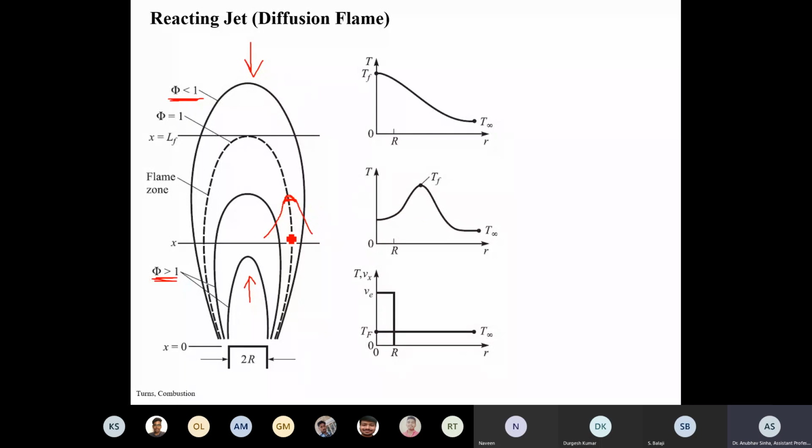At the center it will reach some temperature. Near the air, it will reach T infinity, room temperature, whatever your T infinity is. Similarly, if you go up here, this is the maximum. As you go outside, the flame temperature will keep on dropping.